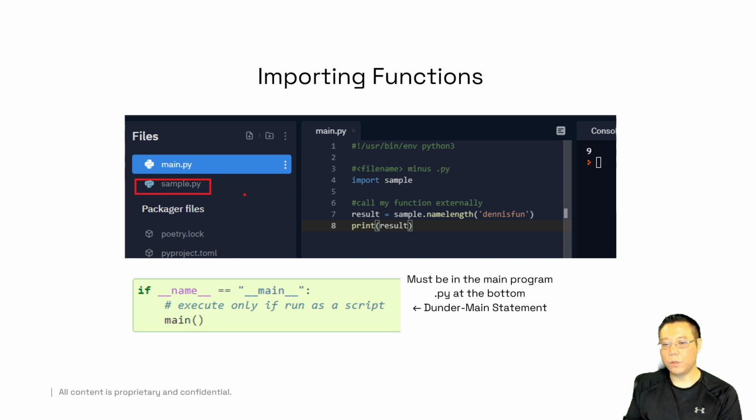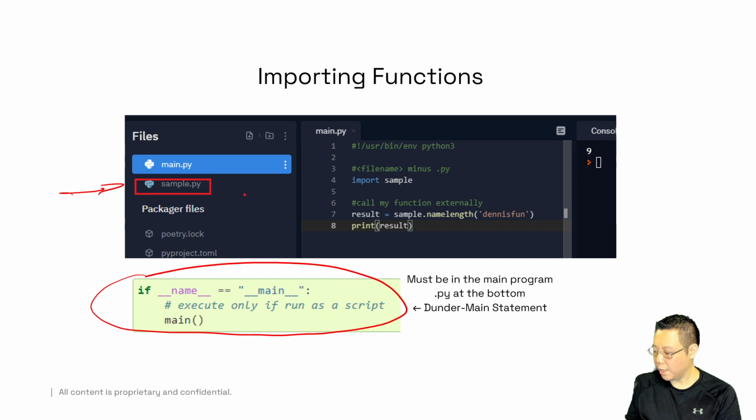To import other functions, we actually have a requirement. Now, if I imported a sample application or a sample module, it's actually called sample.py inside the file system. And the reason why we are able to call that, even though it says py, into my main statement is because sample.py has this at the bottom.